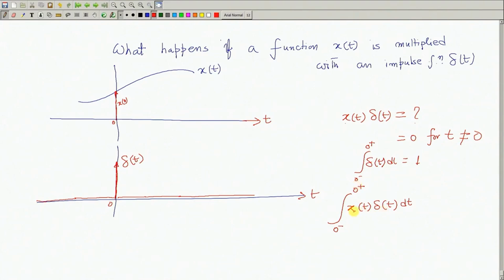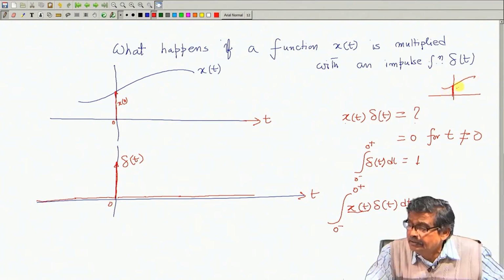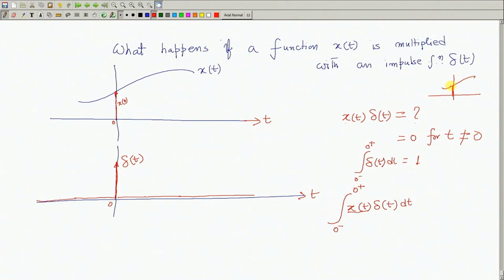Now, definitely the value of x(t) at t equal to 0 minus, at t equal to 0 plus, and at t equal to 0 are one and the same thing. For any well-behaved function, if you know the equation of the curve and I ask you the value of the function at t equal to 0, there is no problem.